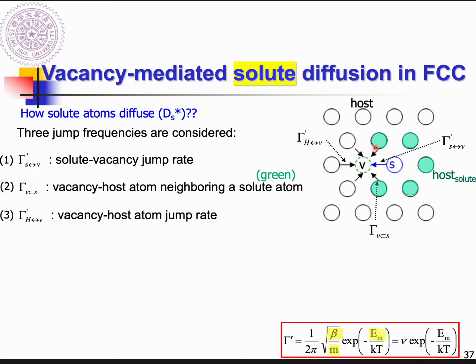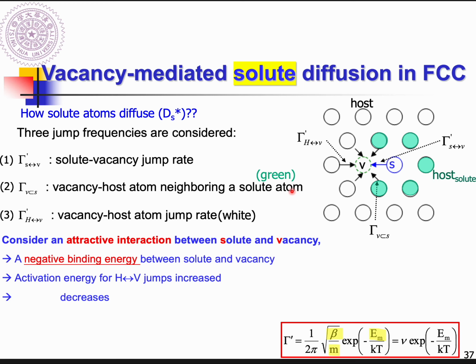Because the bond strength for this host atom and this host atom will be different. So you get the number two gamma prime, which is the vacancy and a host atom neighboring a solute atom.